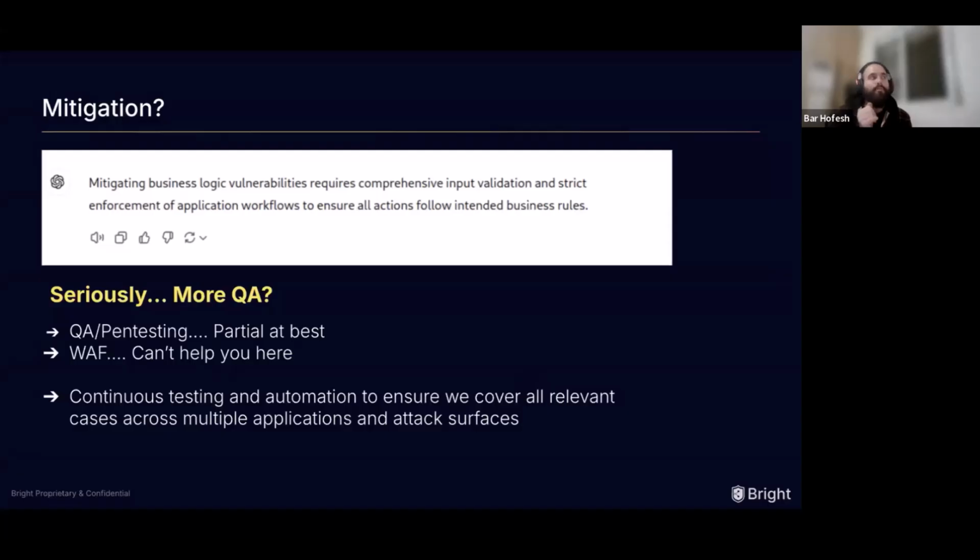Now, other answers that people have is, we have a WAF. We have some kind of runtime protection. Runtime protection protects you from, if it even protects you from technical vulnerabilities. It knows to detect patterns of SQL injections, of XSS.